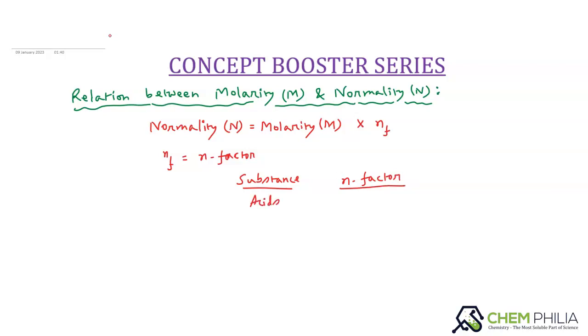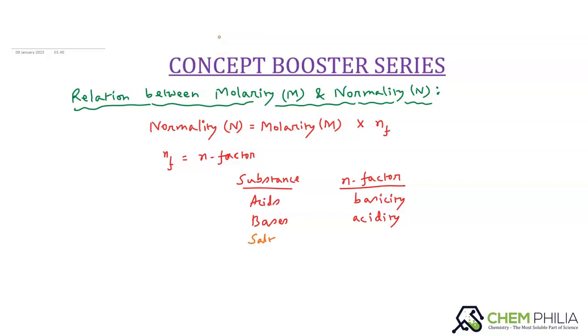For acids the N factor is basicity. Basicity means the number of H plus ions it releases. For bases the N factor is acidity. Acidity means the number of OH minus it releases, or the number of H plus ions with which a base molecule reacts.